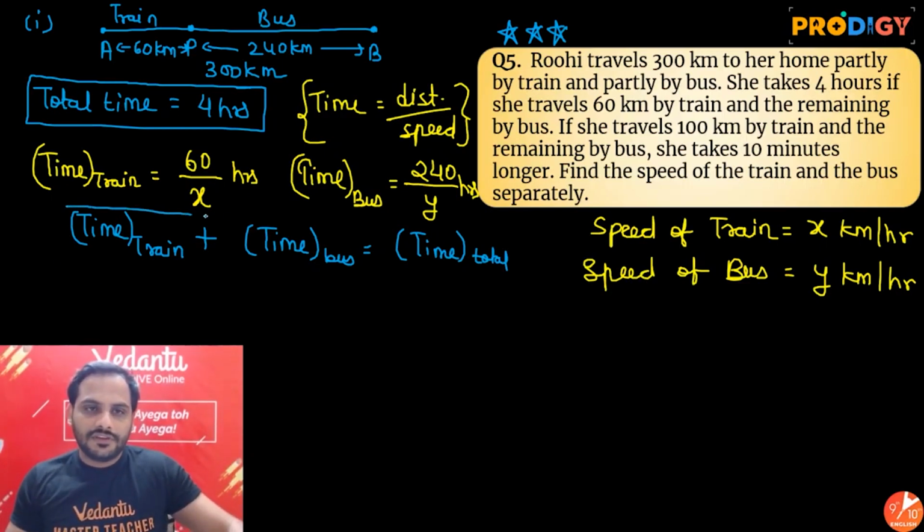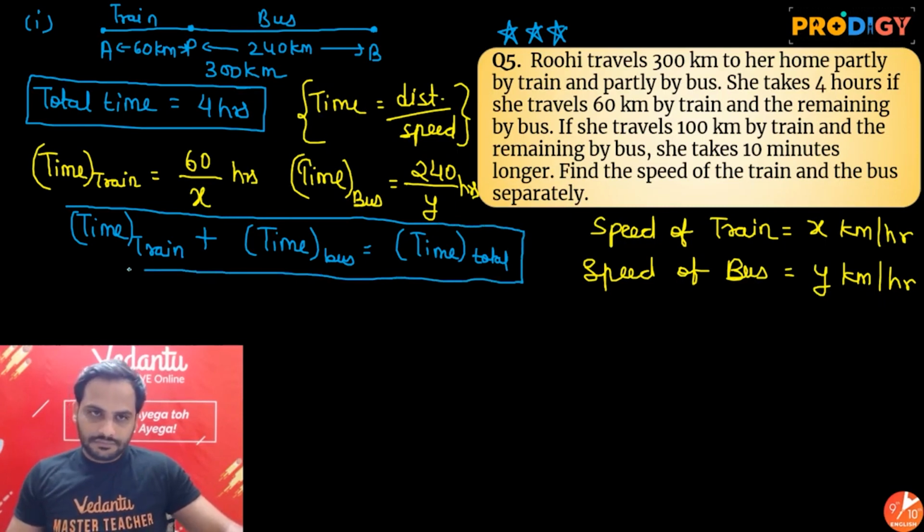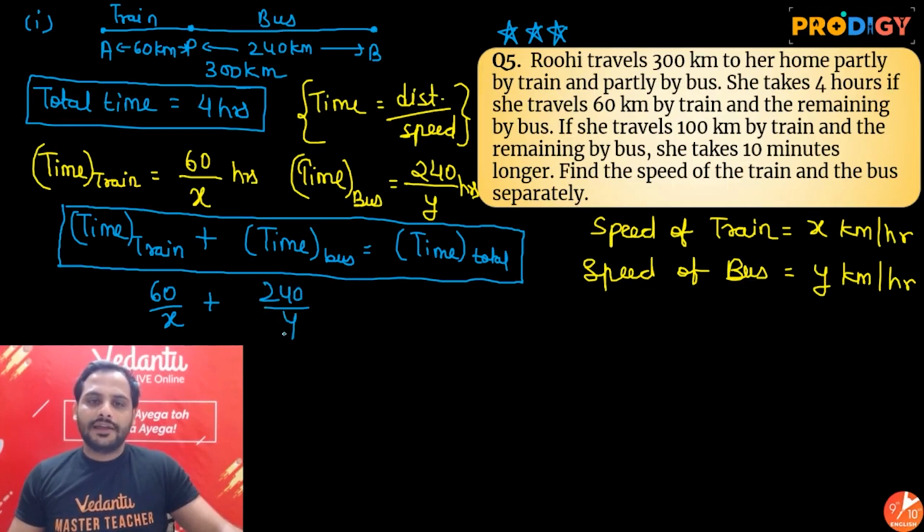So this is the main statement which will give us the equation. So the time taken in the train is 60 upon x, the time taken in the bus is 240 upon y, equal to the total time, 4 hours. This is my equation.